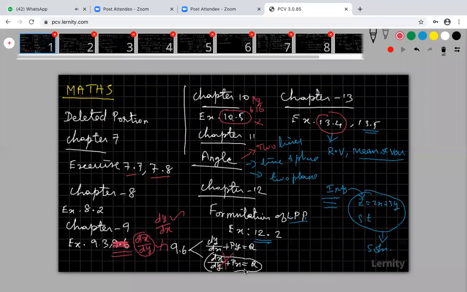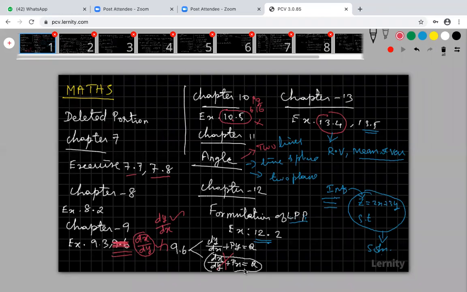Page number 616: please go through the NCERT book, page number 616, the last page of your second volume. This additional exercise 10.5 is given. So this 10.5 exercise, scalar triple products, is eliminated, deleted.